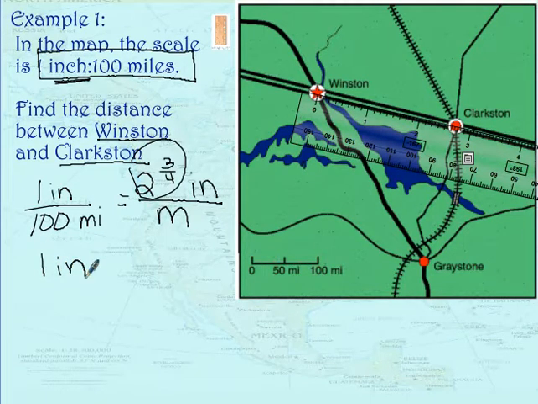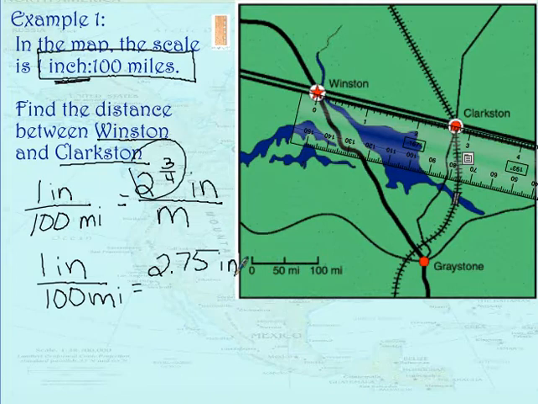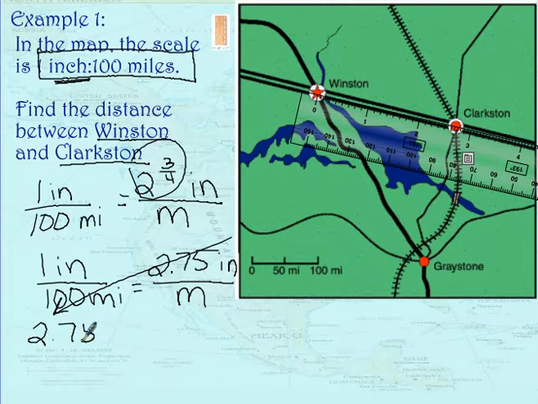I know that 1 inch to 100 miles has to be proportional to the 2 3/4 inches that I measured, and that should give me my miles. So 2.75 times 100 has to be equal to 1 times m. The nice part is 1 times m is m, so I can do this in one step. I multiply this by 100.